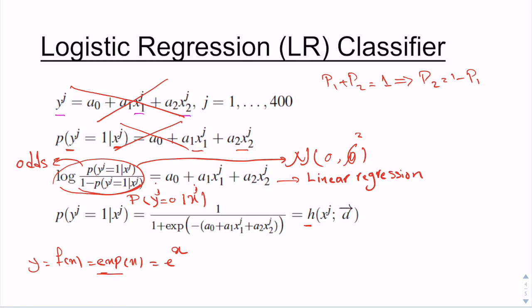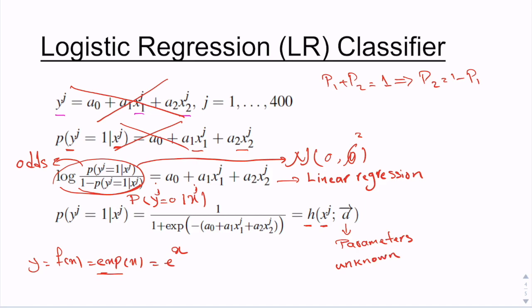We can also call this probability a function h, which has an input xj and a parameter. A probability has parameters, a function has parameters, and these are unknown parameters we would like to estimate.